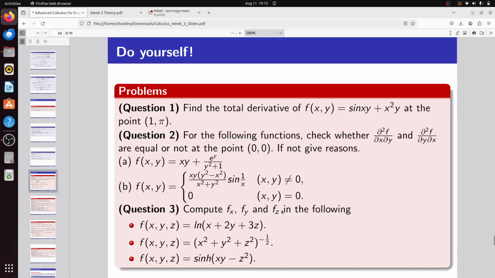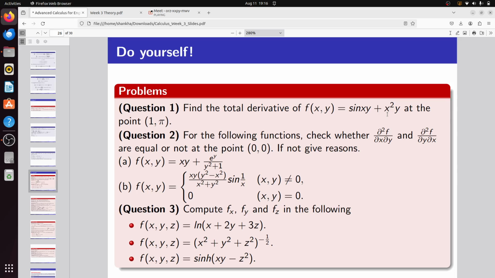Now these are some problems which are only for you, so that you can solve them. What will be the total derivative of f(x, y) equal to sin xy plus x square? I hope that you know what a total derivative is; sir has already discussed it in his class.